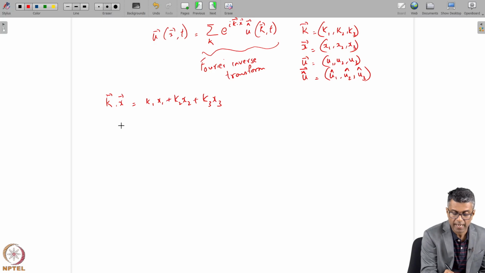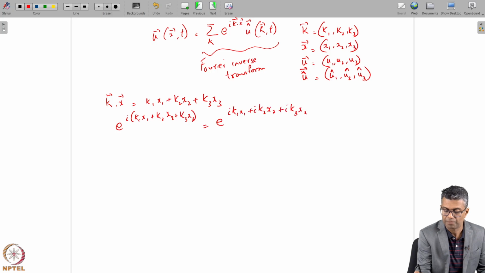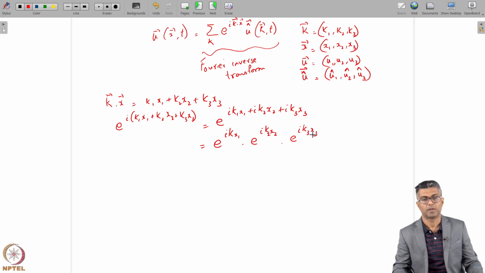And since I have e to the i (k1x1 plus k2x2 plus k3x3), this can be written as e to the i k1x1 times e to the i k2x2 times e to the i k3x3. Isn't it? So those become your Fourier modes.